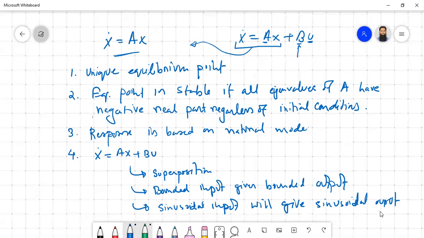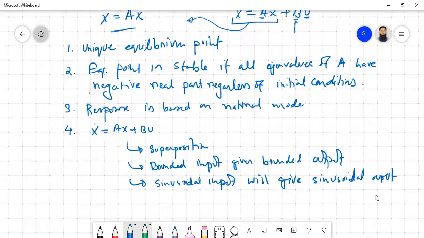This is one of the critical things: the same frequency. You have to be careful: the frequency will only change if you have a nonlinear system. If you have a linear system, the frequency should remain unchanged, and there may be some phase difference between the two signals, but the frequency cannot change.